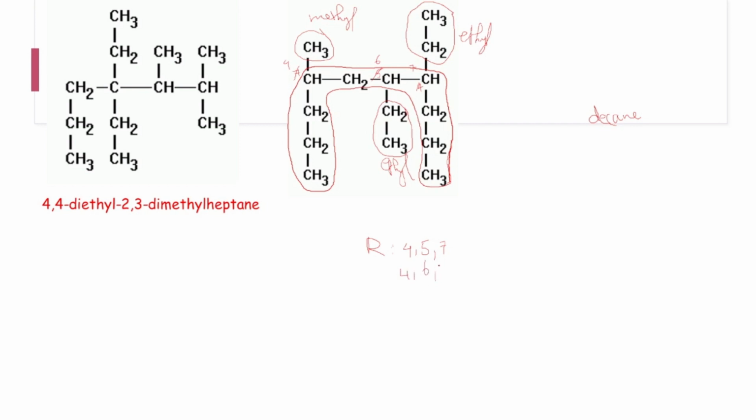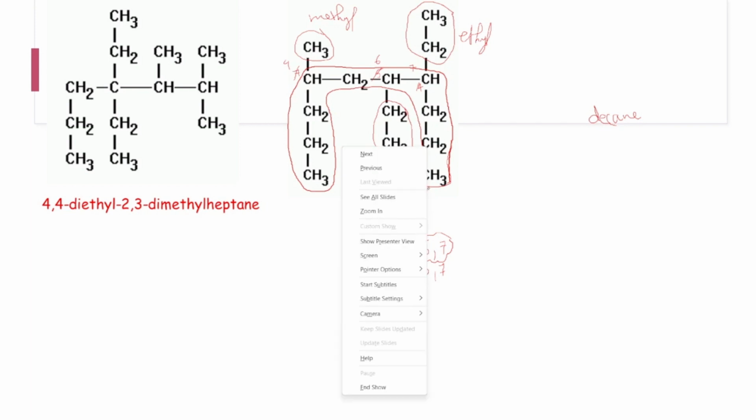The 4 is the same and the 7 is the same, but here we have 5 versus 6. So this is the least possible. These are the least possible numbers, so I'm going to start from the right-hand side.